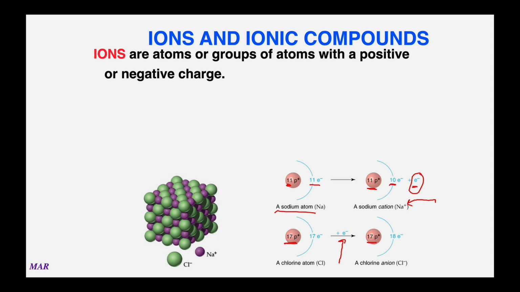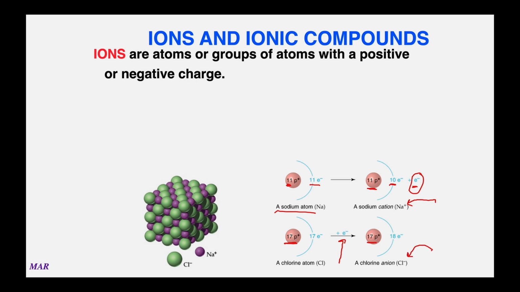But you can also see then that chlorine goes from the neutral version, and remember, neutral means protons and electrons are equal. It goes from 17 electrons to 18 electrons. So if you do the same thing we did with sodium, now you have 17 times plus 1 plus 18 times negative 1. You've got negative 1 left over. And that's where that negative charge shows in.